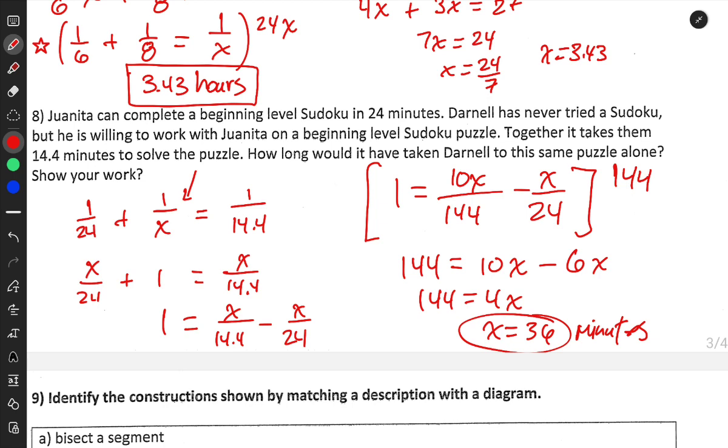It's going to turn that into a fraction for me. If I turn that into a decimal and then take the reciprocal, I get the number 14.4. Yes, that definitely is a solution. So it would take Darnell 36 minutes to complete the Sudoku.